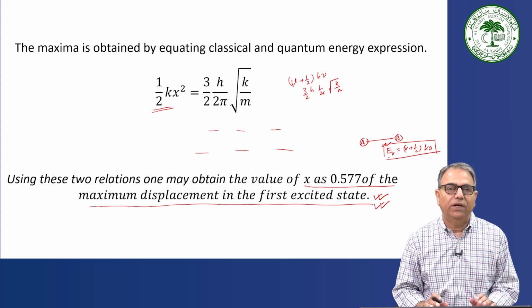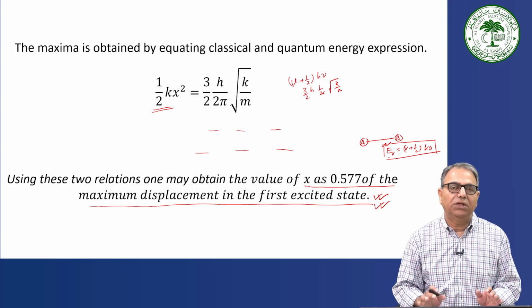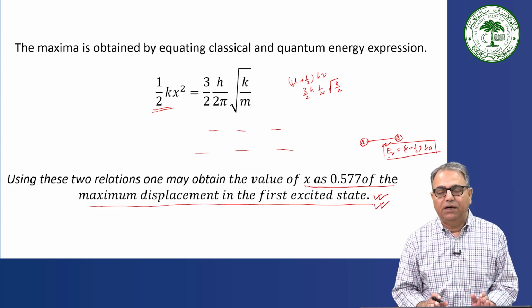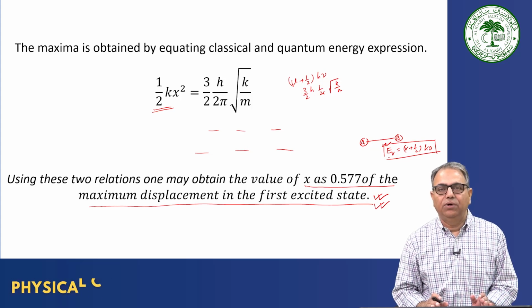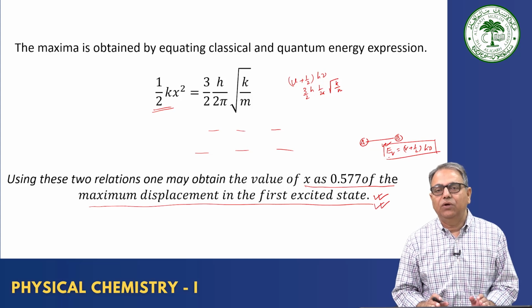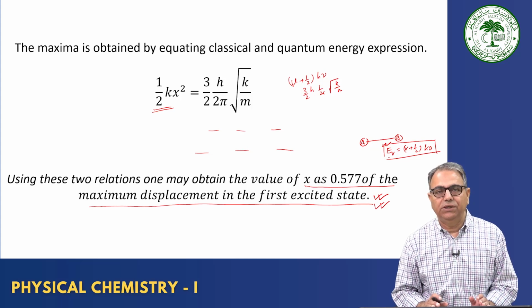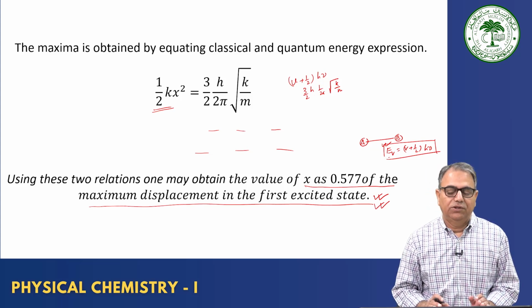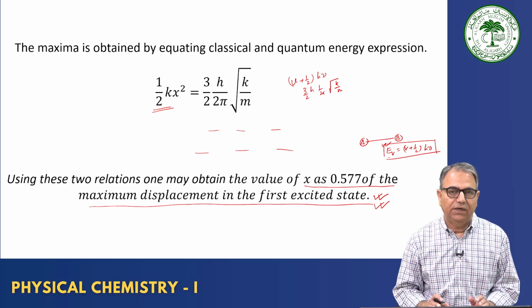The moment you go to angular and rotational motion, we apply the Schrodinger wave equation in spherical polar coordinates, and this will be the topic of the next module: how to apply the Schrodinger wave equation to a rigid rotor. What is the rigid rotor? How do we get the energy for the rigid rotor, and the wave function for the rigid rotor? So we will start the rigid rotor in the next module.